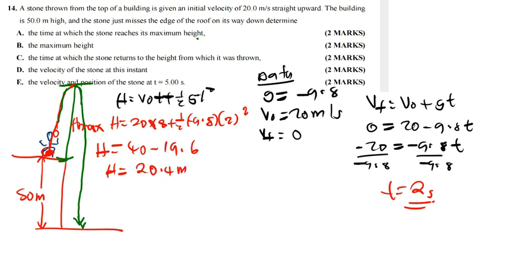Can you confirm? Confirm that one. Okay. I wanted to explain something. 19.6, I did half times 9.8 times 2 squared.